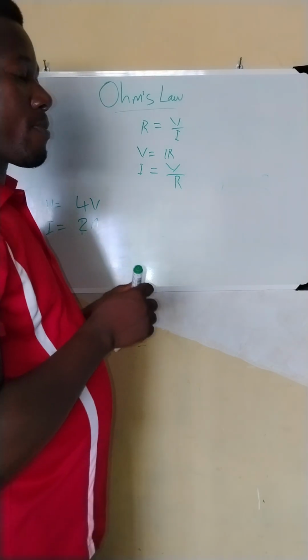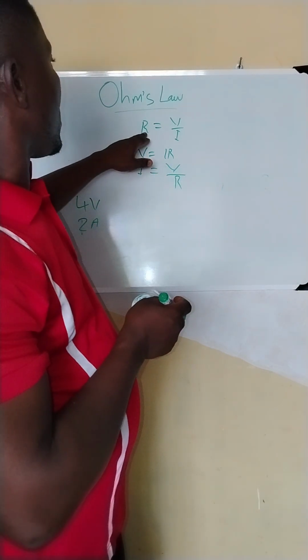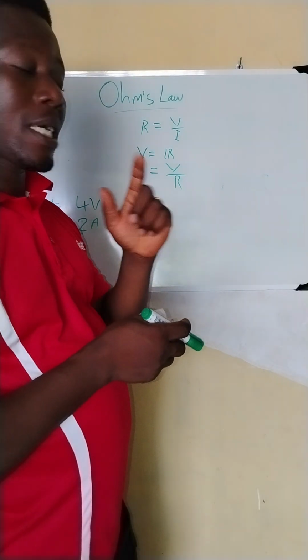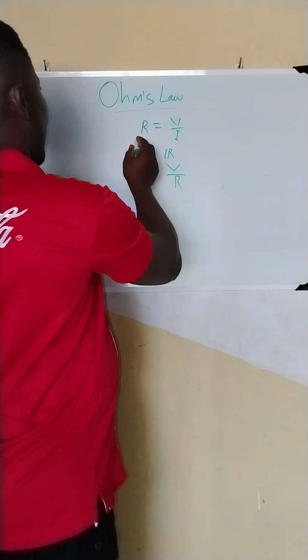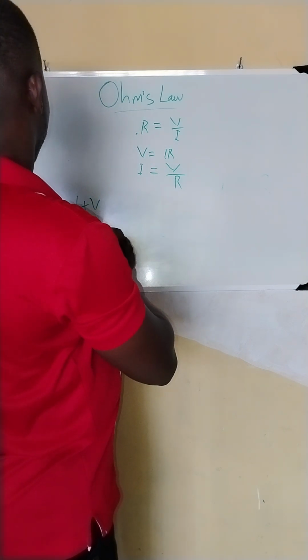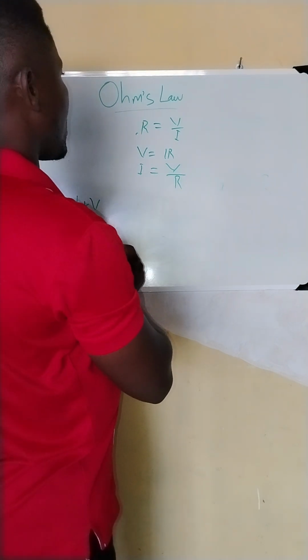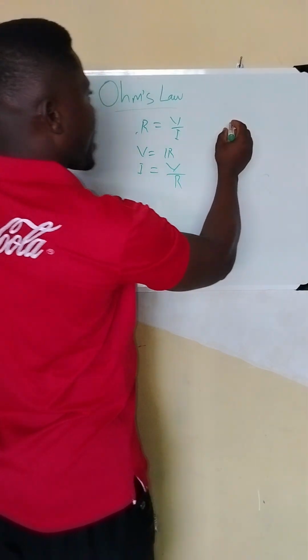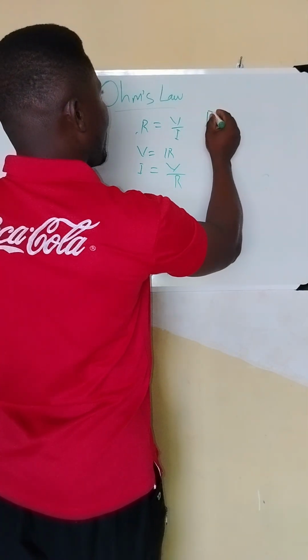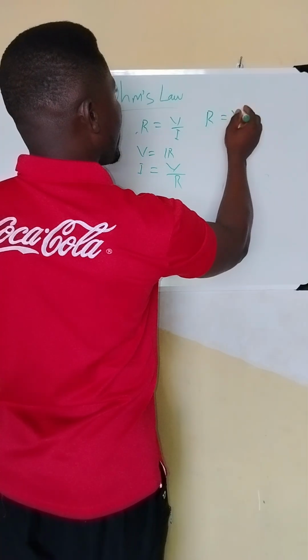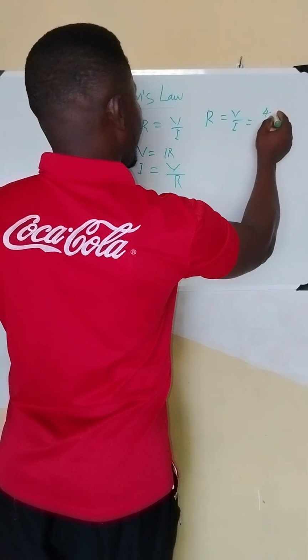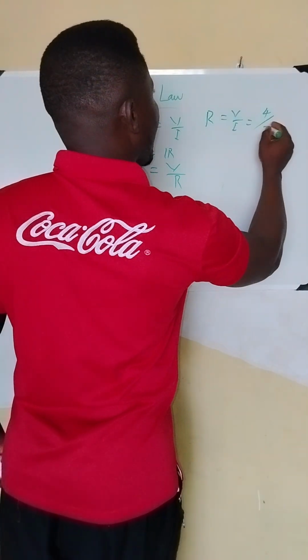Now, at this point, you look for the resistance, being the constant. So you make use of the formula here, since you have V being the voltage and I being the current. If you make use of the first formula here, let me write up here, I hope you can see that R is equal to V all over I. So here V is given as 4, then I is given as 2.